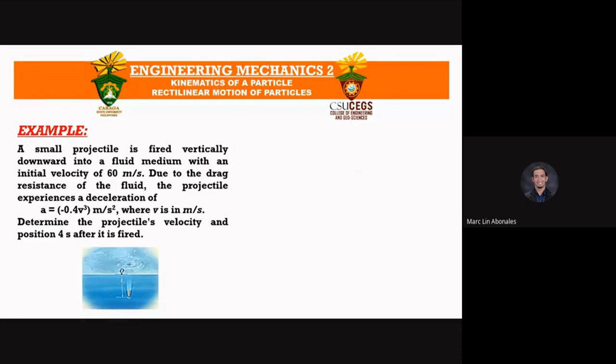Anyway, the next part is finding the position. Okay, so for the position, since we have already determined the velocity 4 seconds after it is fired, the next would be the position.